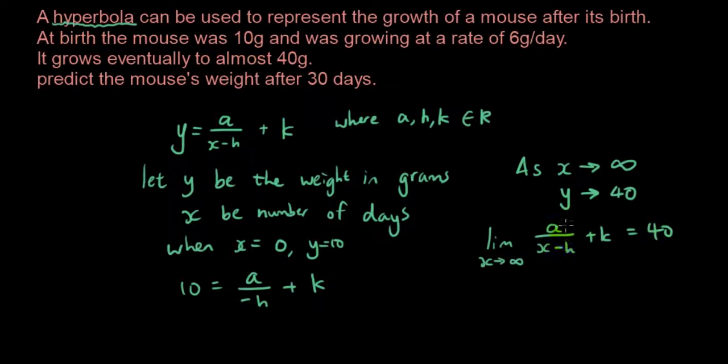So if you want to evaluate infinity limits, remember how we taught you guys how to do this earlier on. So we divide every single term in the fraction by x. So then we have a over x divided by x over x minus h over x plus k is equal to 40.